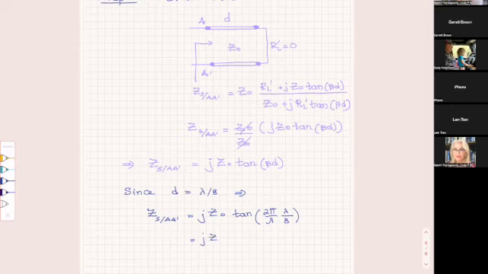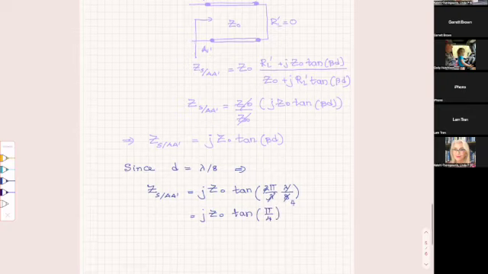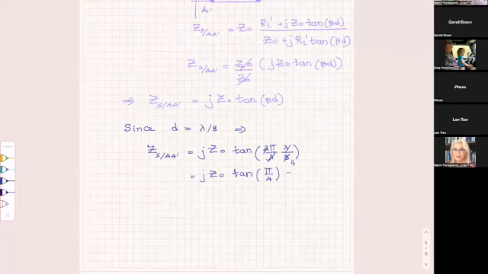That is j Z naught tangent of pi over 4. How much is tangent pi over 4?